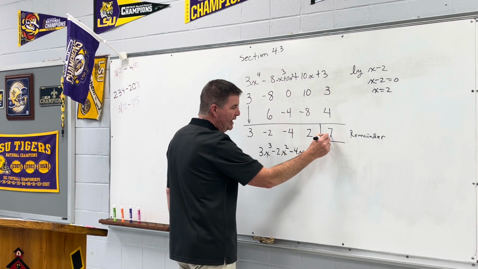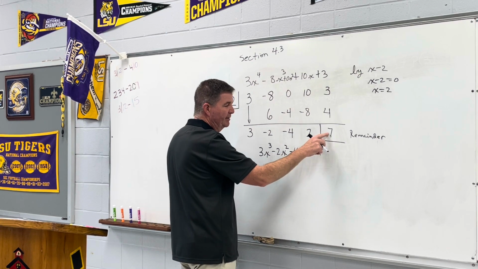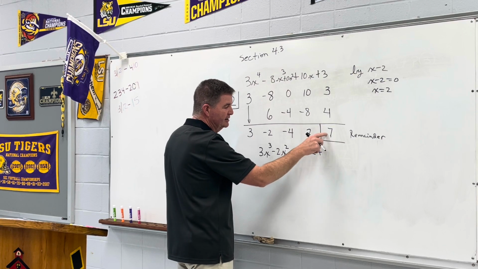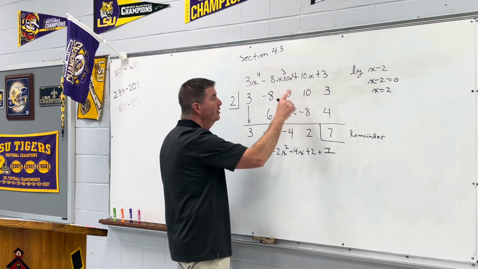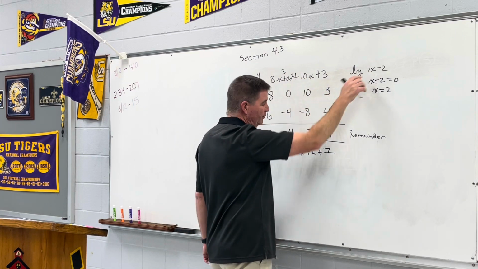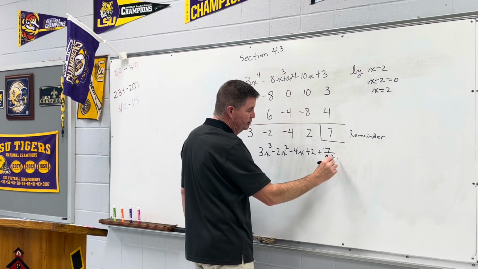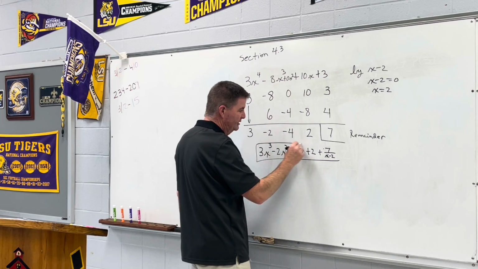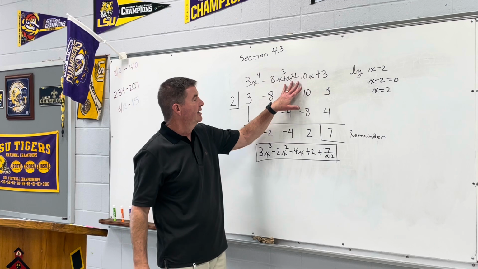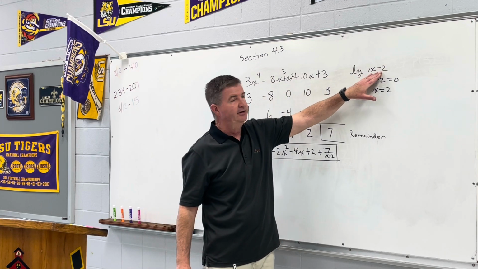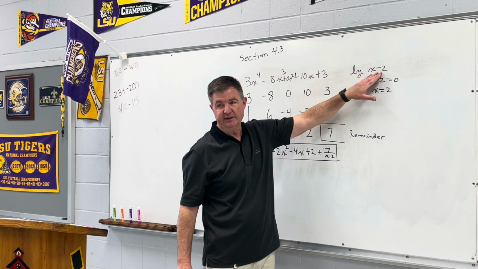Then we're going to add our remainder. If this was a minus 7, it would be minus. Since it's a positive 7, we'll put plus 7 over what we're trying to divide by, which is x minus 2. This is synthetic division. And again, it allows us to divide a polynomial by a binomial that's given to us.